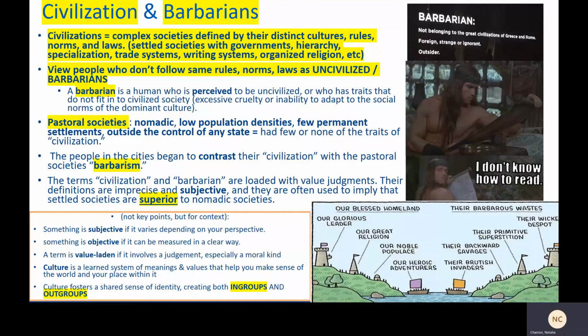That's just how the civilized saw them. These are tricky words because they're loaded with value judgments. The definitions using this superiority idea tend to be excuses for civilizations to treat other people badly and often conquer them and take their stuff and kill a bunch of people.